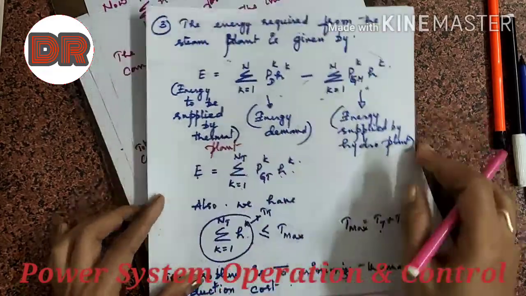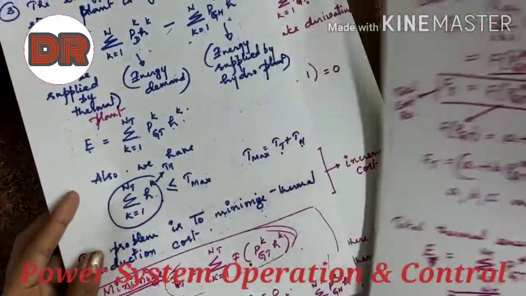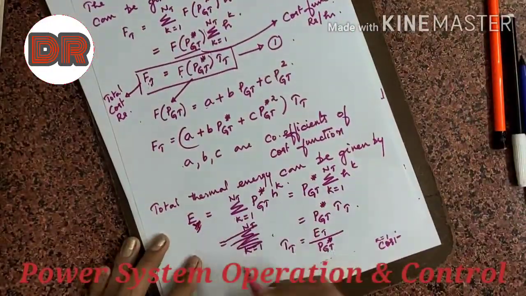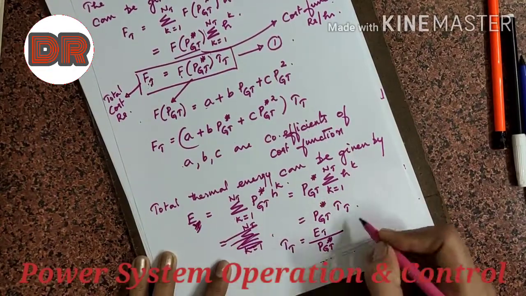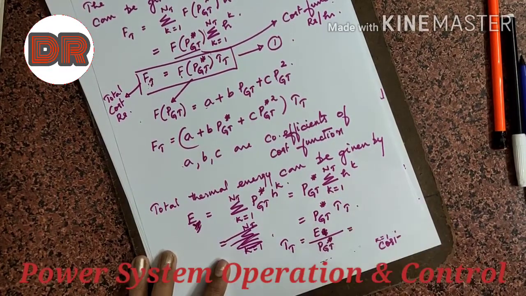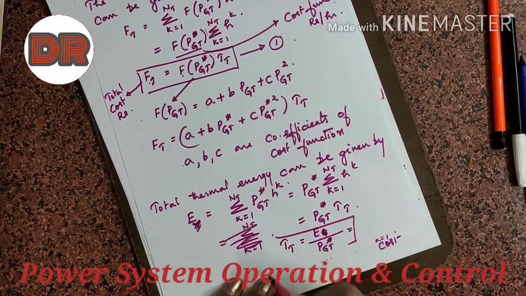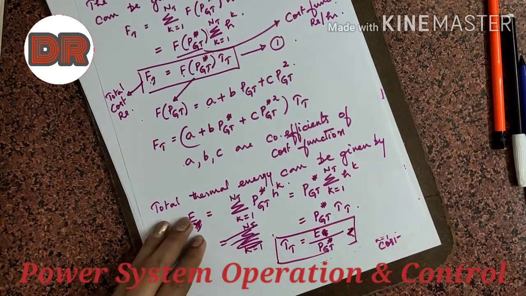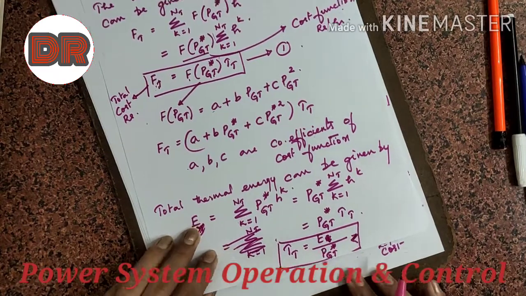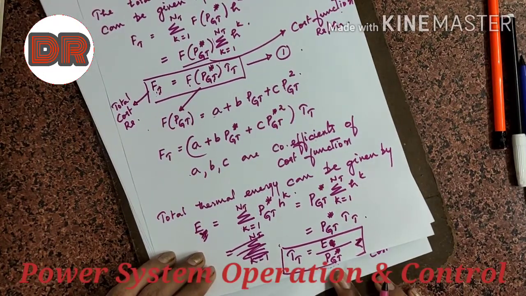So this is the equation. TT is E by PGT star.